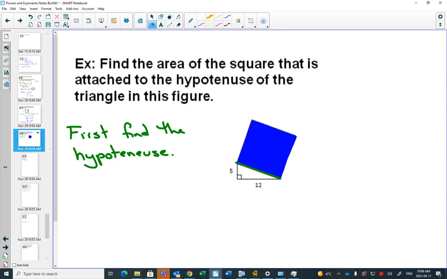Well, it's on your formula sheet. A squared plus b squared equals c squared. And in this formula, the c squared is important because it is always your hypotenuse. So in this case, you would write 5 squared plus 12 squared equals c squared.